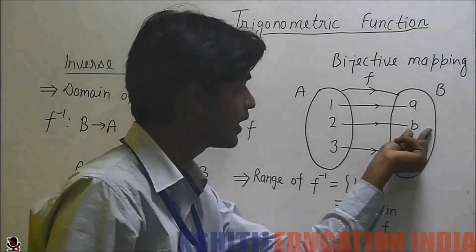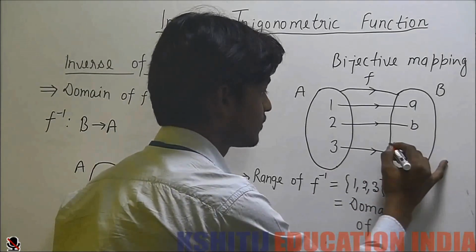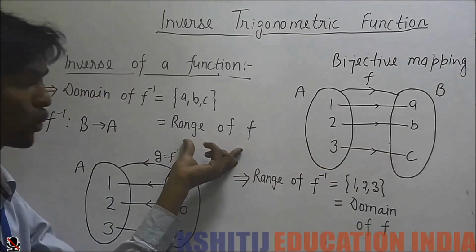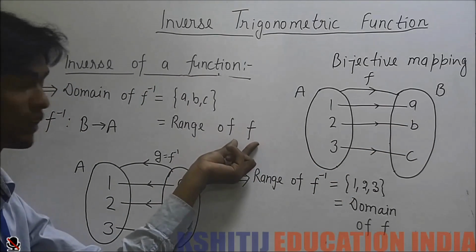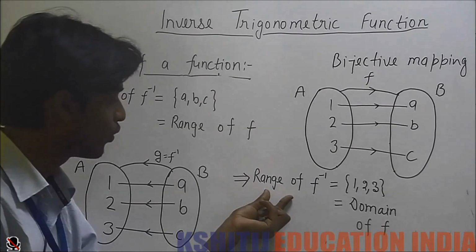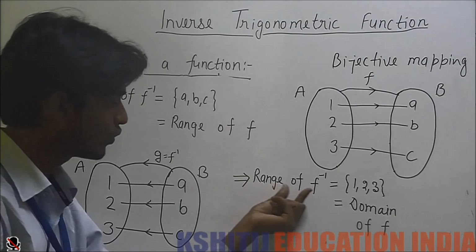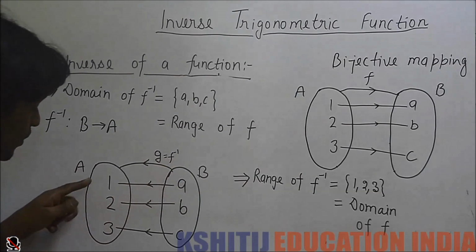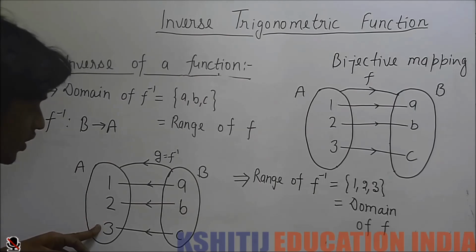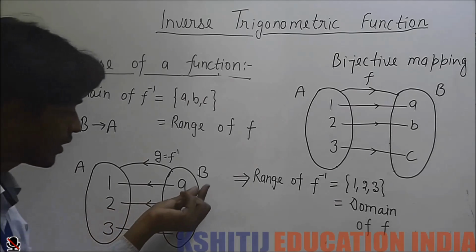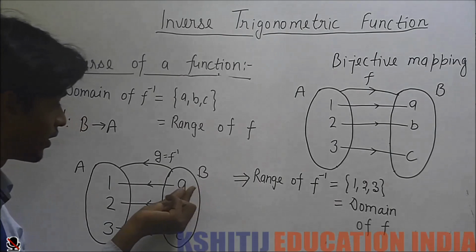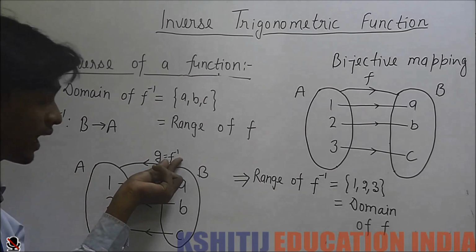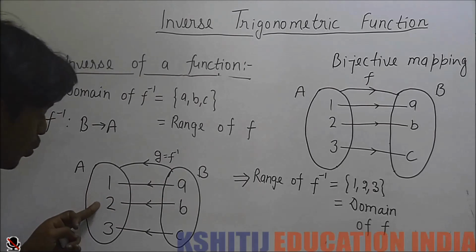But in this case, A, B, C is the range of the given function f. Is it clear? And now move on to the next one. The range of the given function f inverse will be 1, 2 and 3, because the elements of set B are connected to the elements of set A. So the range corresponding to the function f inverse is 1, 2 and 3.